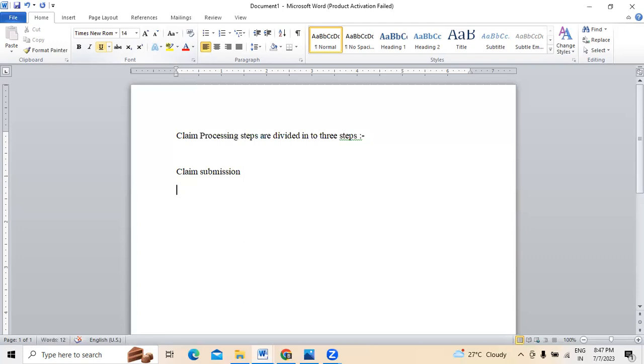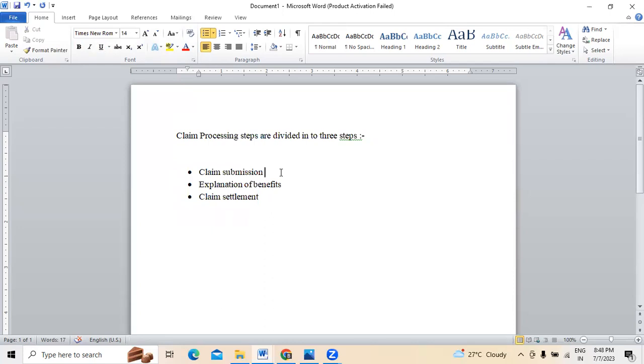Second, explanation of benefits. Next, claim settlement. Listen, clear, right? These are the 3 steps. One is claim submission. Second, explanation of benefits. Third is the claim settlement.